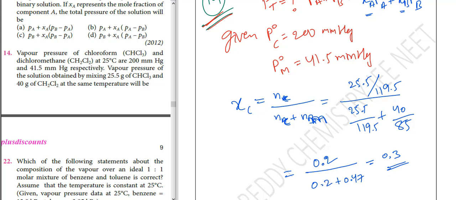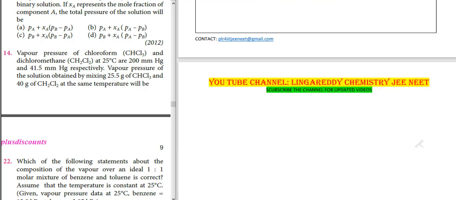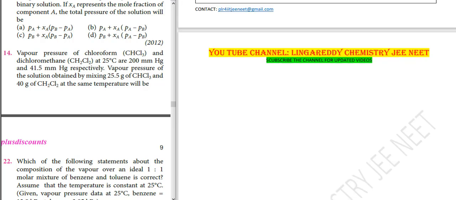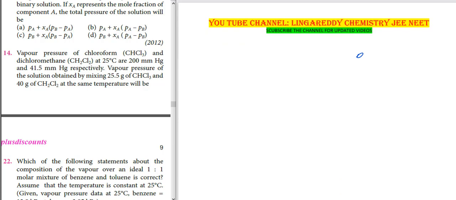So once it is clear chloroform 0.3 means, then XM dichloromethane will be 1 minus 0.3, it will be 0.7. Okay, so XC XM we got it. Then you have to apply the formula, right? P total equal XC P naught C plus XM P naught M. What is XC? Mole fraction of chloroform approximately 0.3. Yes, yeah, 0.3.